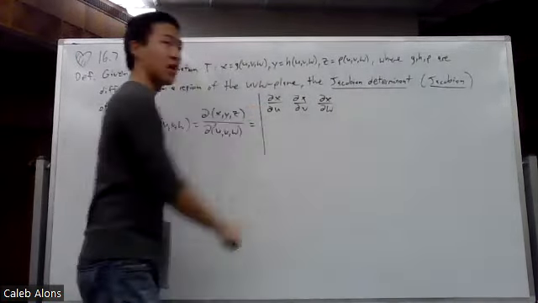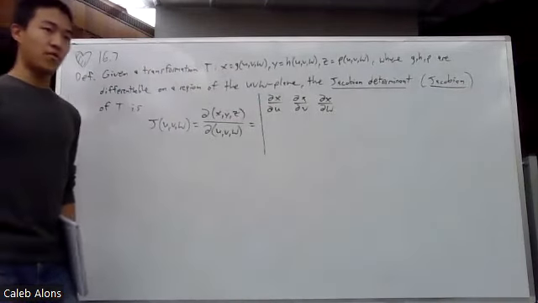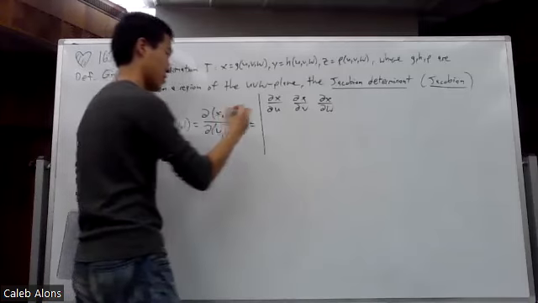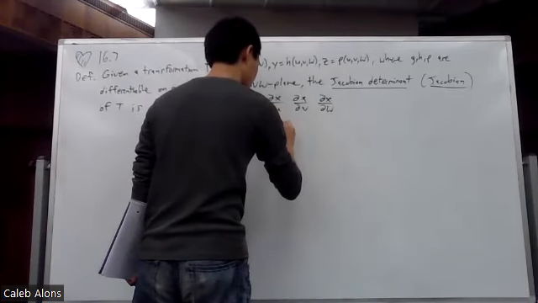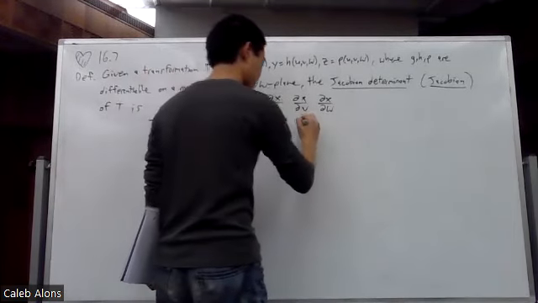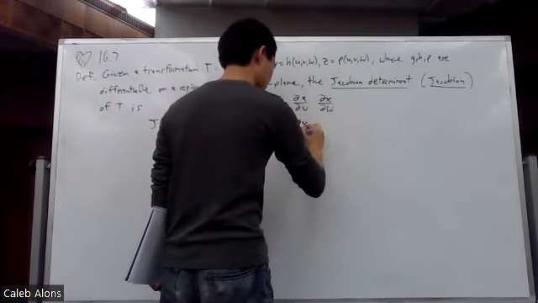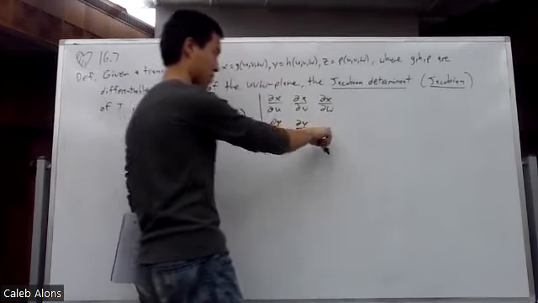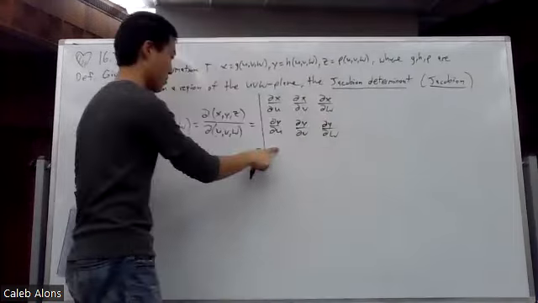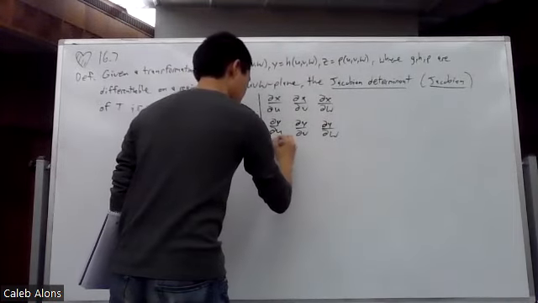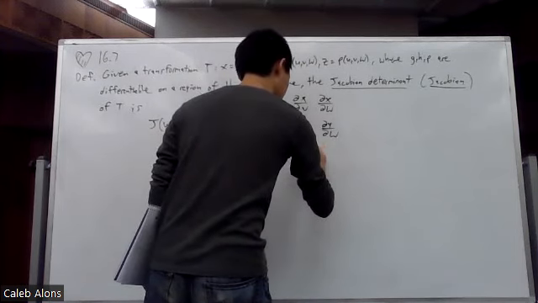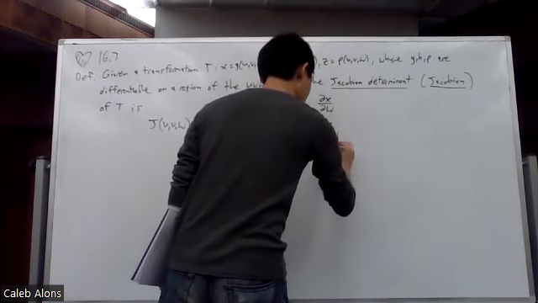Technically, if you memorize that top row, everything else is pretty much for free because you just have to copy and paste. So what's the middle row going to be? Partial Y, partial U. Partial Y, partial V. And then this one, partial Y, partial W. Bottom row, partial Z, partial U. Right. Then just finish out the pattern.